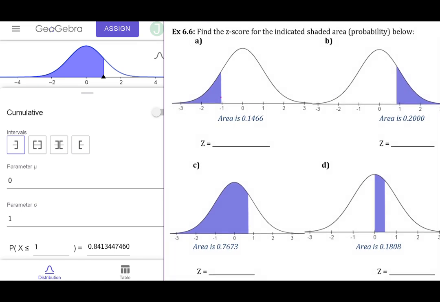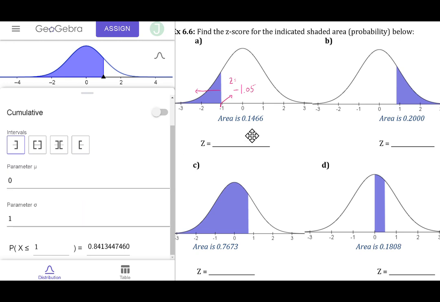In this case, we were given that the area to the left of some unknown z-score is 0.1466. I'm going to estimate the z-score to be about negative 1.05. We don't need to worry about approximating it, but it's helpful to do this so we make sure that we're doing the right thing and so that we can confirm that our answer is going to be accurate.